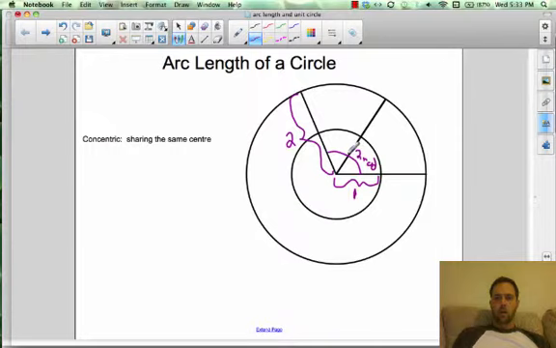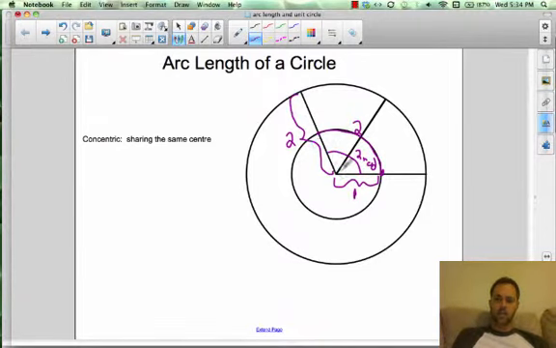So now we're looking at this arc length for the smaller circle that goes from here around to here. We knew that when we only had a 1 radian measure, we took our 1, we multiplied it by 1 radian, and we had an arc length of 1. But now we've doubled that. So in this case, we now will have an arc length of 2. But what about this bigger circle?